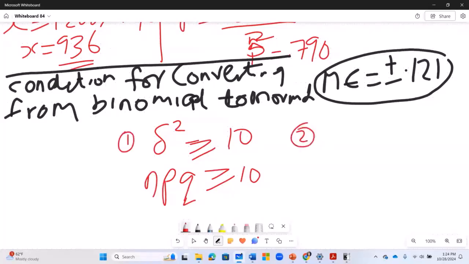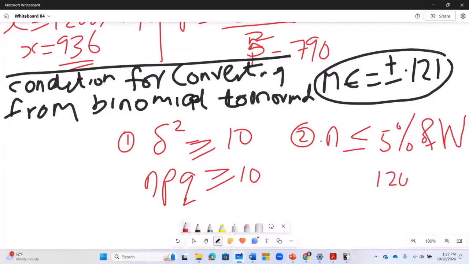Condition number two is that the sample must be less than or equal to 5% of the population. What is the population? Capital N. The population here is 360 million. 1,200 is definitely less than 5% of that. Therefore, condition number two is satisfied.